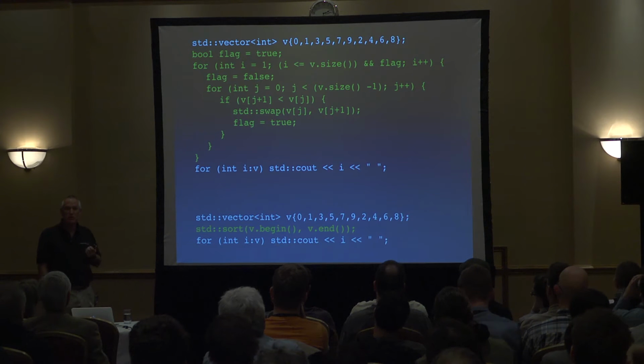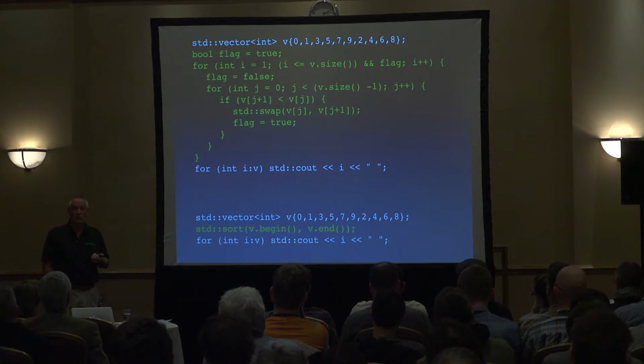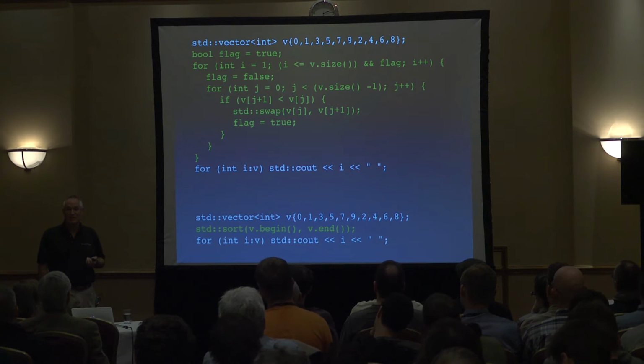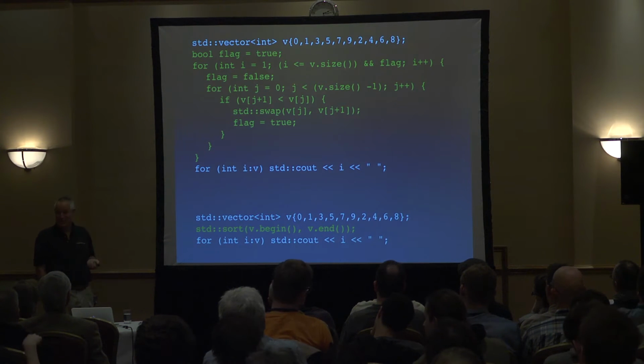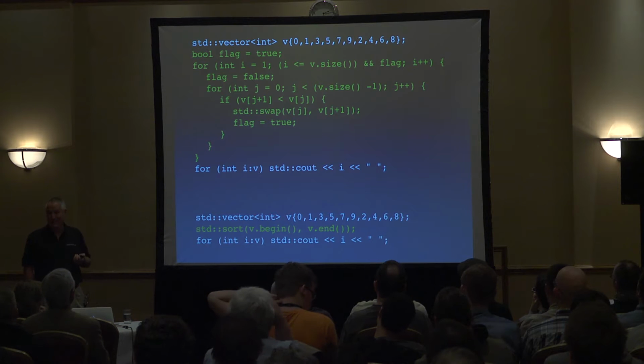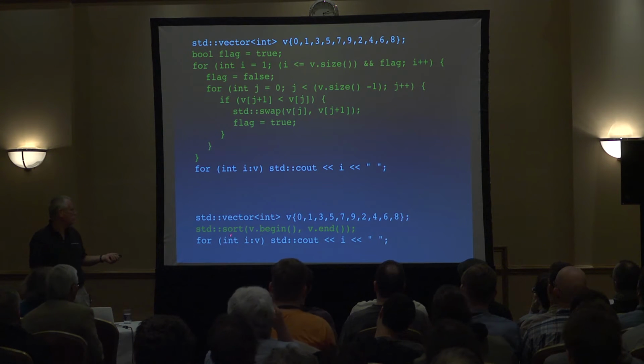Which one do you think will be easier to extend later when you have to do something before or after the sort? This one could really use a comment that says, sort the array. OK? This one, no comment needed at all. It's very clear.